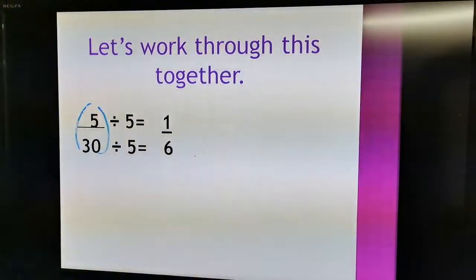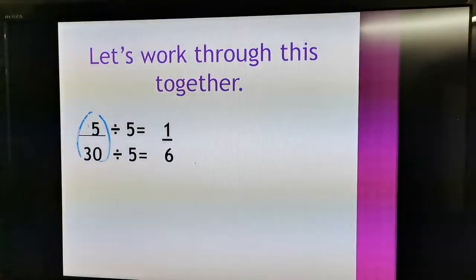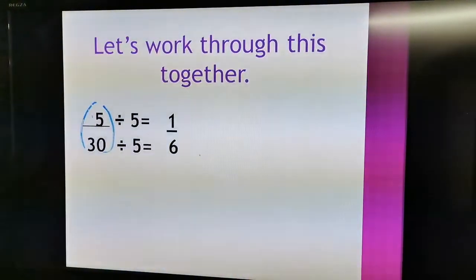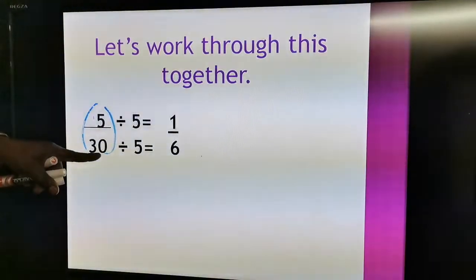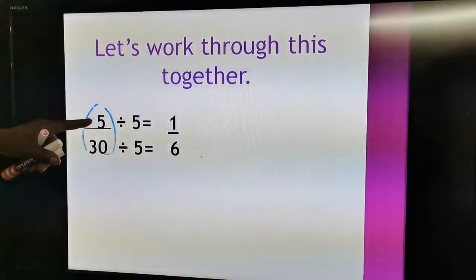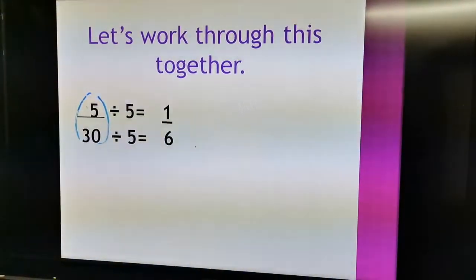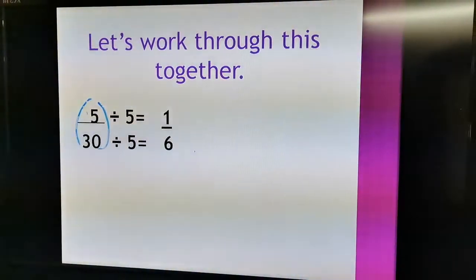You have to think whether the numerator can divide the denominator or not. If the numerator can divide the denominator, then it's very easy to work it out. But if the numerator cannot divide the denominator, then you have to look for other numbers that can divide. We will do that later.